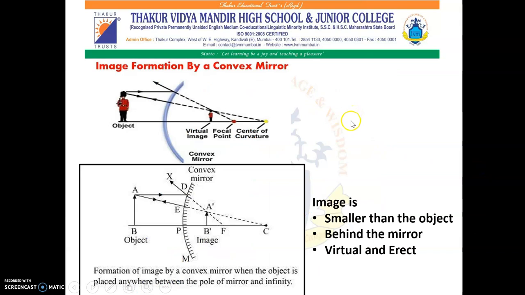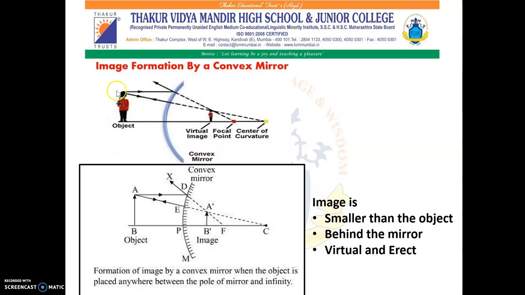Images formed by a convex mirror. The nature of the image formed by a convex mirror does not depend on the distance of the object from the mirror. These images are always smaller than the object, behind the mirror, virtual and erect.